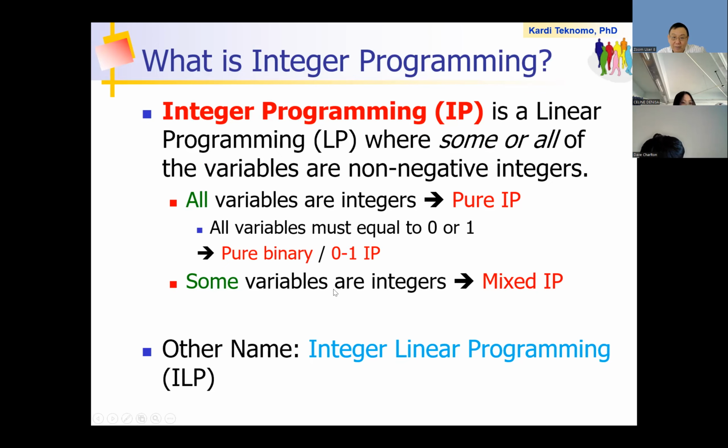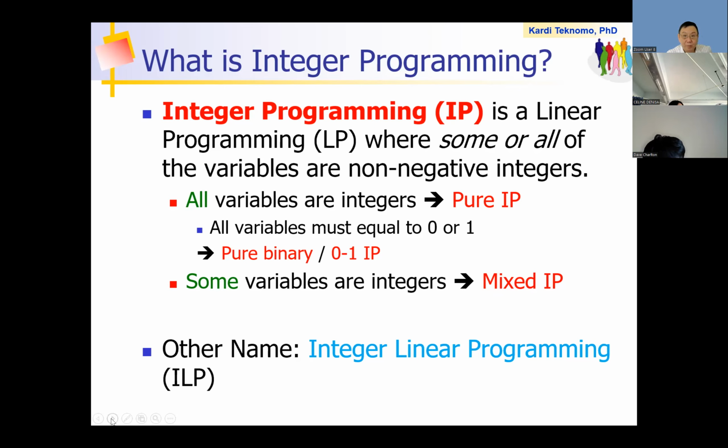When some of the variables are integer, we call it mixed IP. If all variables must be equal to 0 or 1, we call it pure binary, or 0-1 IP. Another name is integer linear programming, ILP.